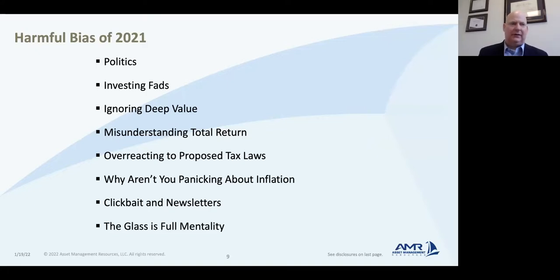We can get really focused on whether we're rooting for the red team or the blue team or whatever it might be. We can find that our own political perspective can influence our outlook for the economy or investments. And sometimes that can be disruptive, cause us to take more or less risk than maybe we ought.